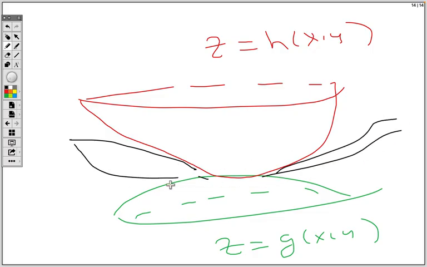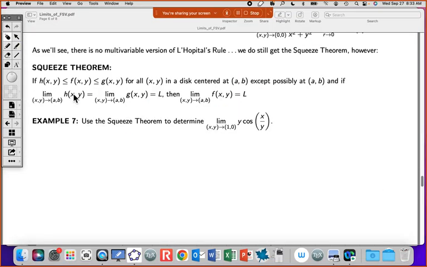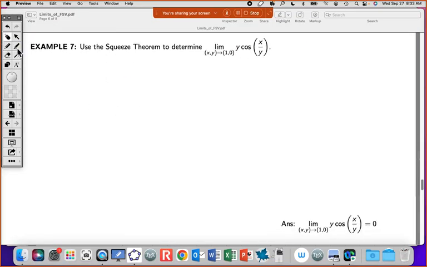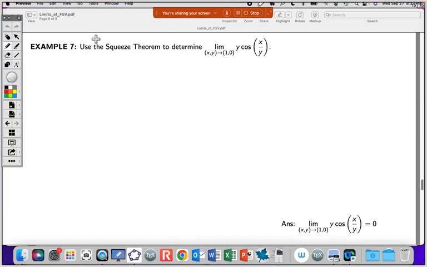You can have the surfaces squeezed together too. So you can think of it as making a sandwich and pressing the sandwich down. Once again, if you think back to previous calculus, the squeeze theorem is really built for functions where you have one factor going to 0, and the other factor is bounded.